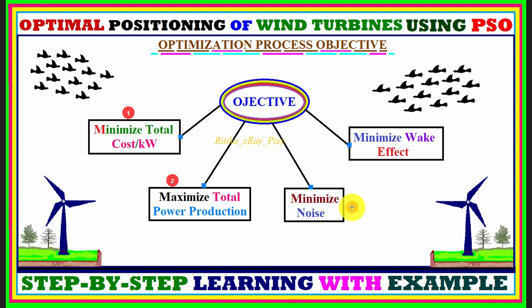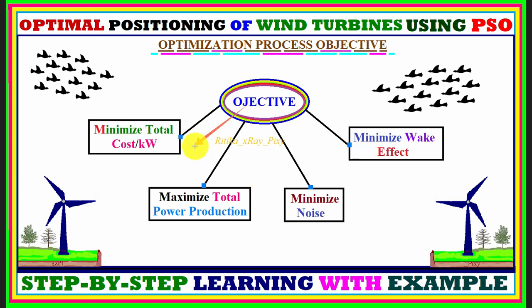Next objective, we have noise minimization, that is how we can minimize the wind turbine noise in the wind farm. And the last one, that is a very important objective that affects the overall performance of the wind farm, that is how we can minimize the wake effect.